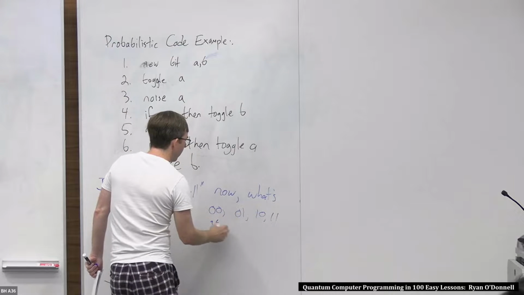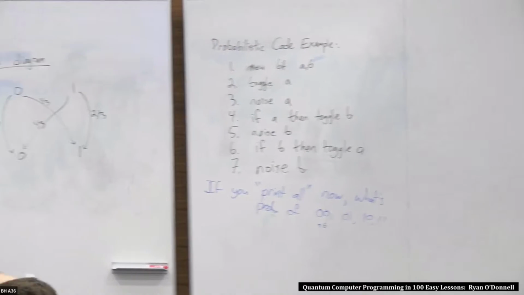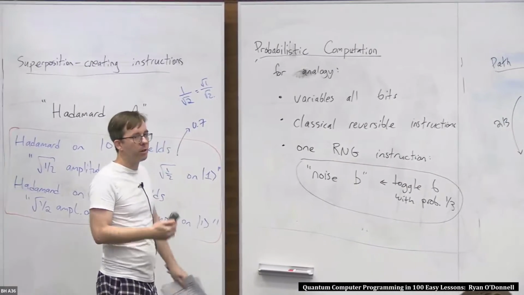This is A and B's values. If I asked you this, you could say, okay, give me a sheet of paper and I'll work it out. It's a little bit annoying. But let me show you a systematic way which you could do it, and you'll agree that yes, this works. And then we'll use exactly that same systematic way to analyze quantum code.